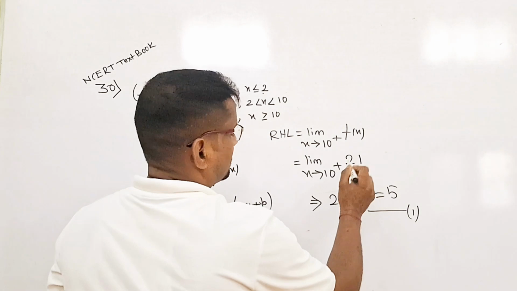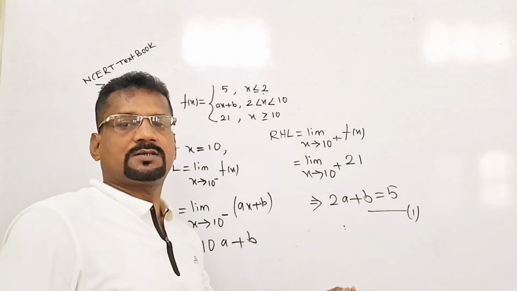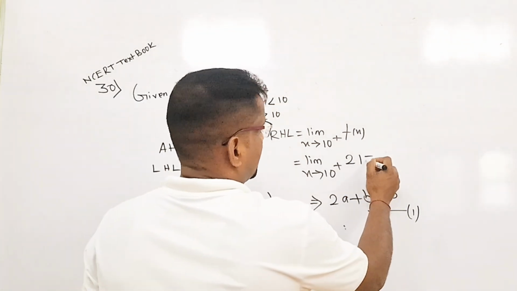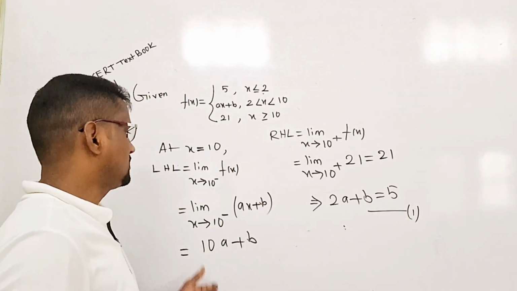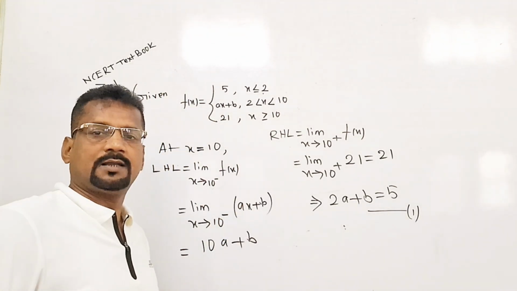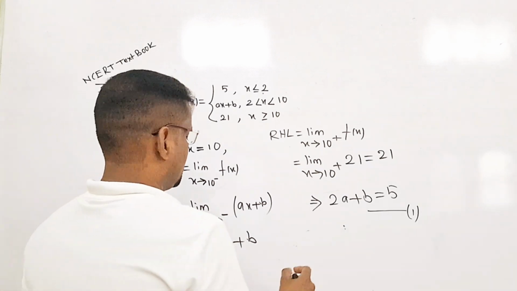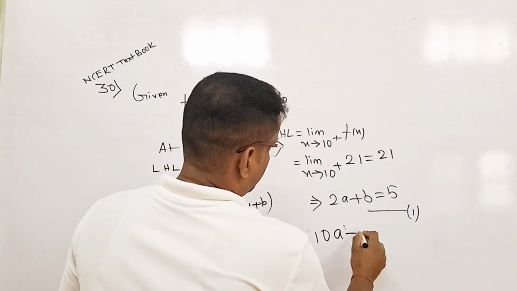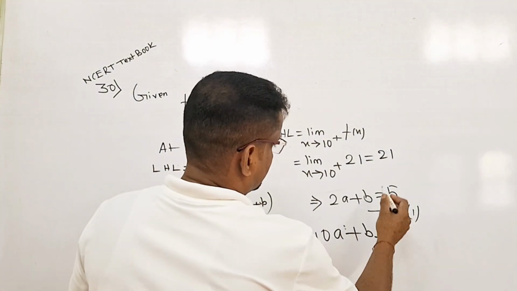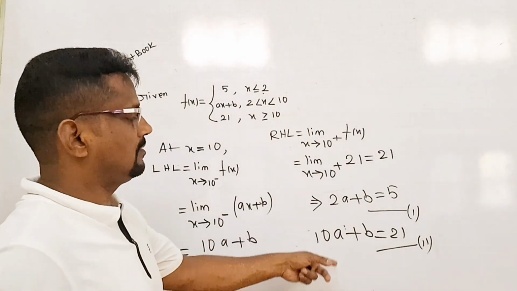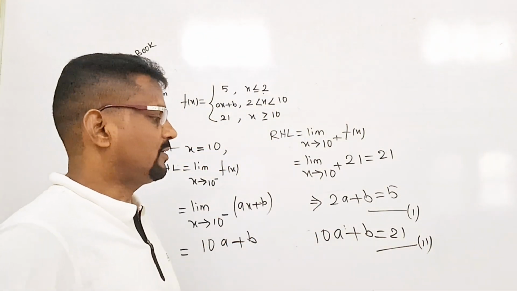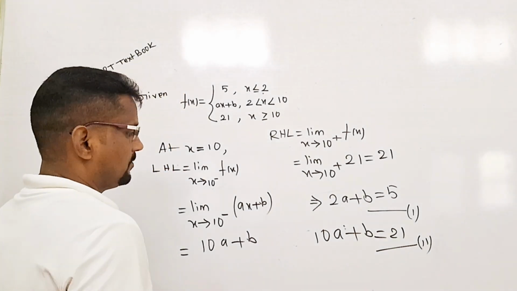The limit of a constant is the constant itself, so RHL is 21. As the function is continuous, LHL must be equal to RHL at the point 10 also. So we can write 10a plus b equals 21. This is number 2. Now it's a class 10 level question. Solving these two, we can find the values of a and b.